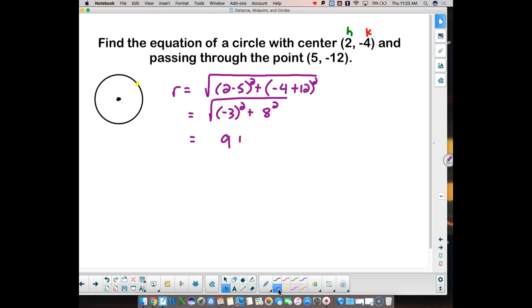So that's 9 plus 64, which is the square root of 73.